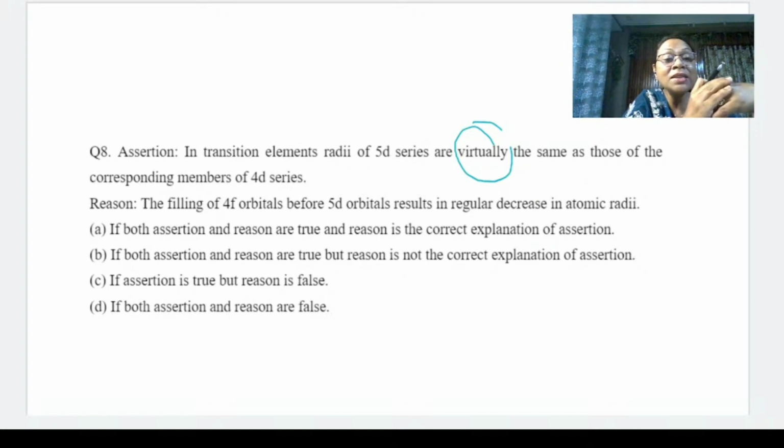And the reason is the filling of the 4f orbitals before the 5d orbitals results in a regular decrease in the atomic radii. It is a perfect reason for the assertion, absolutely nothing wrong.